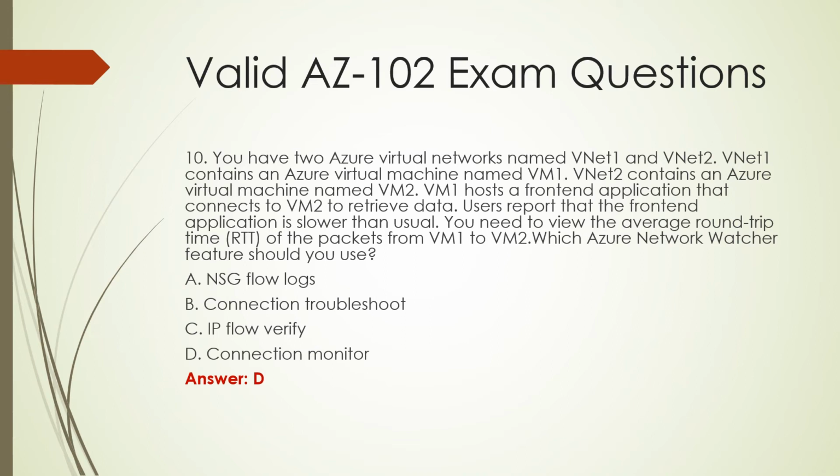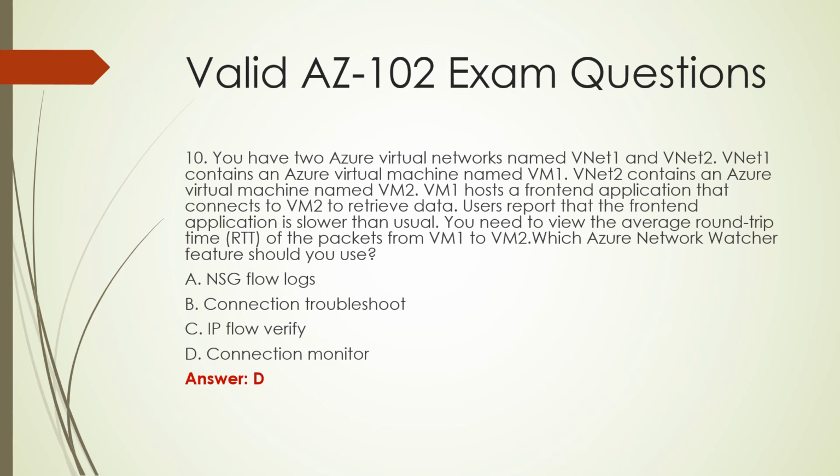10. You have two Azure virtual networks named VNet1 and VNet2. VNet1 contains an Azure virtual machine named VM1. VNet2 contains an Azure virtual machine named VM2. VM1 hosts a front-end application that connects to VM2 to retrieve data. Users report that the front-end application is slower than usual.